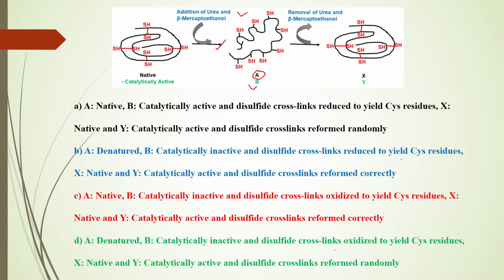And then there are other catch lines there that I will discuss later. Similarly for the third structure as well, in case of X, you have to identify whether this structure is native or denatured, and in case of Y, whether it is catalytically active or inactive.